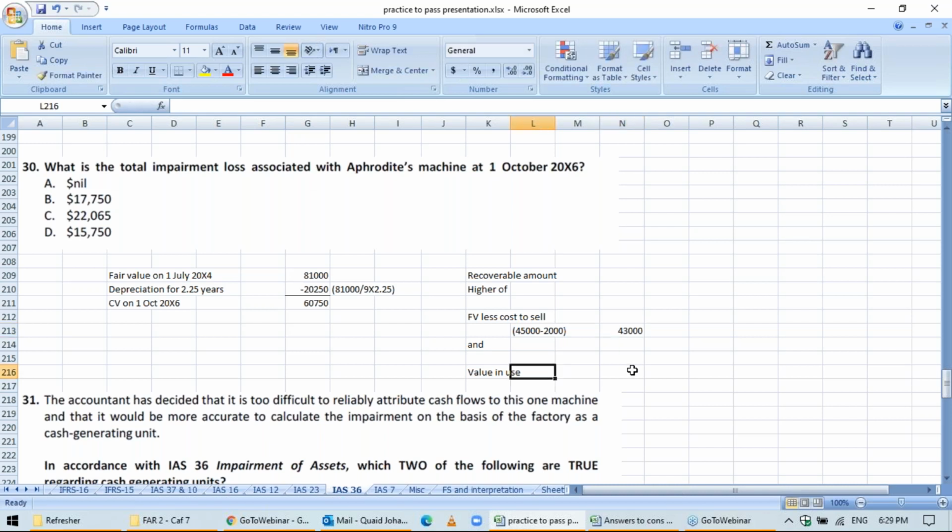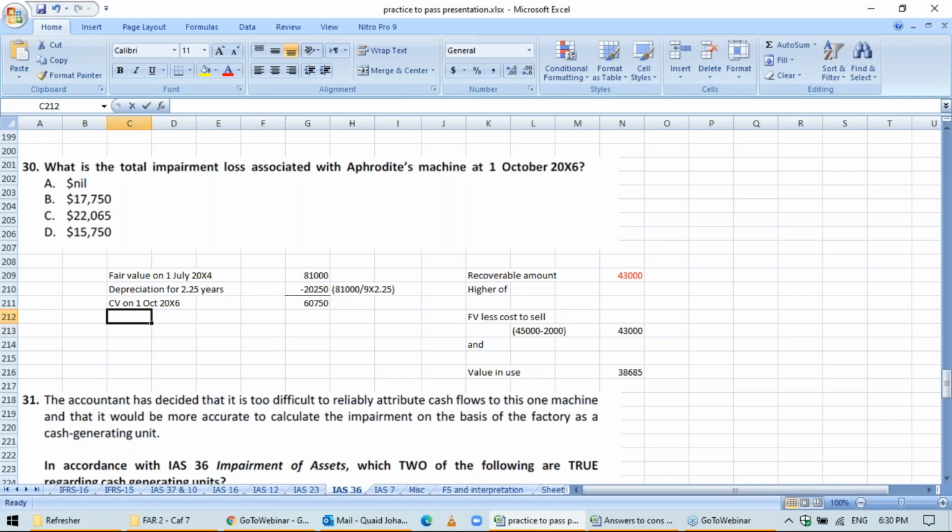Then the value in use is 38,685. So the higher of both of these is 43,000. Right? So now let's compare with 60,750. The fair value less cost to sell is 43,000. Right? So now the carrying value is higher.